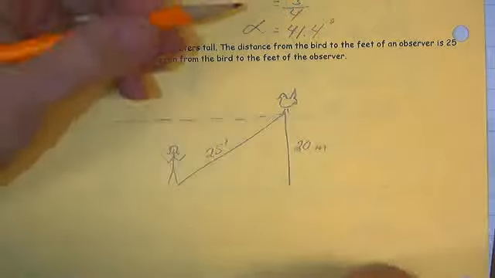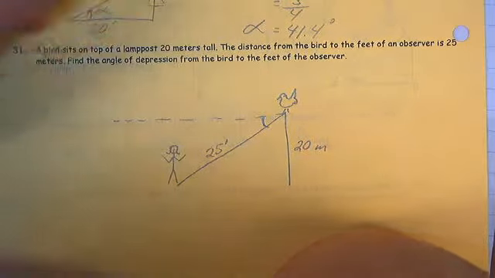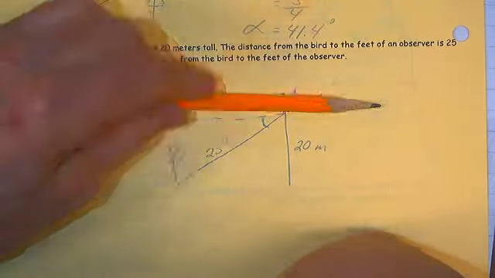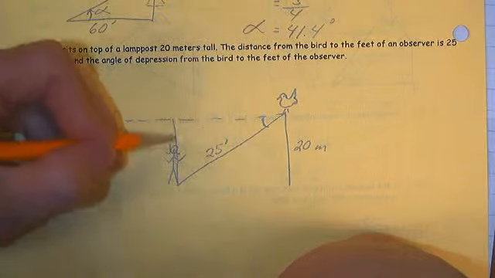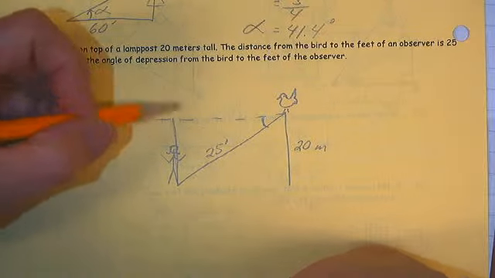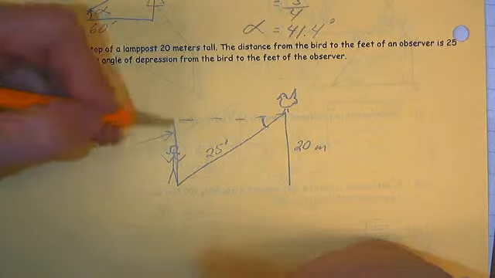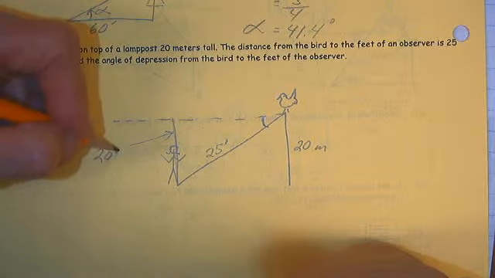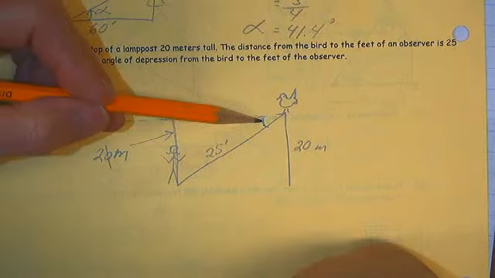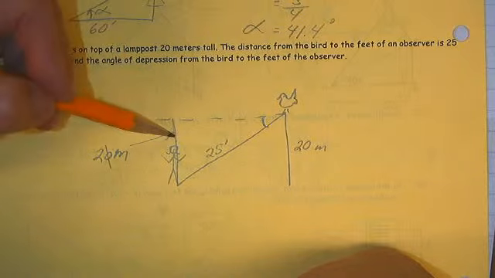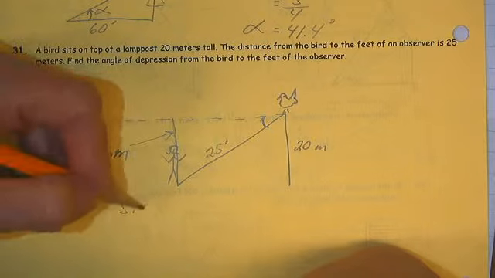What they want is this angle, because angle of depression is from here to here. So this is 20 meters. I'm going to make a rectangle. This has to be 20 meters. Here's the angle I need. Opposite over hypotenuse is sine.